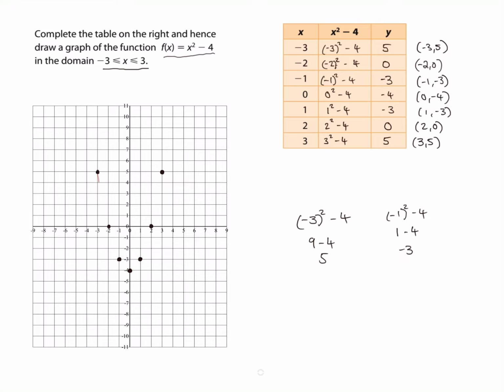It goes from here down to here and then back up to there. Like that. I'm not particularly happy with that. I think I can do better. If I turn my iPad sideways, I can probably draw one better. Yes. So that is the curve that you get from a quadratic function.